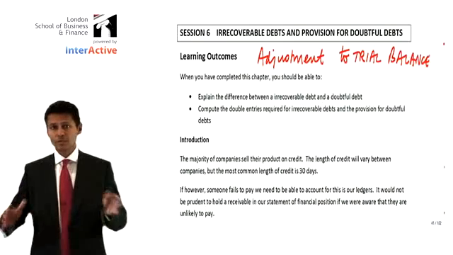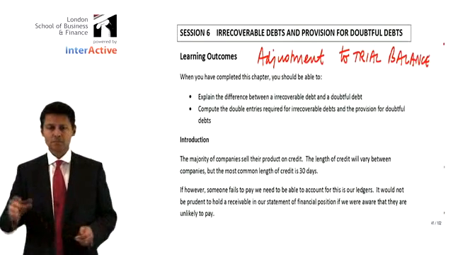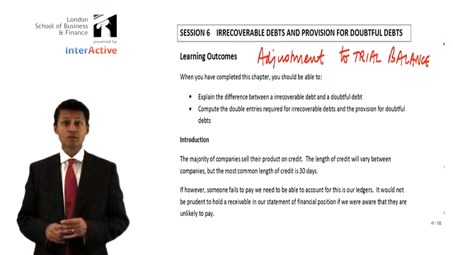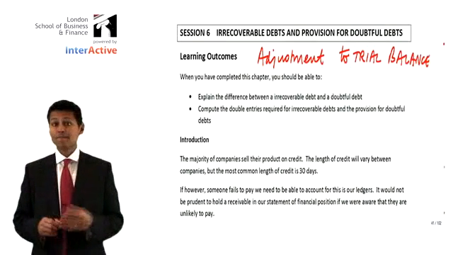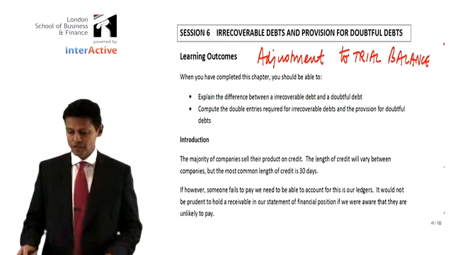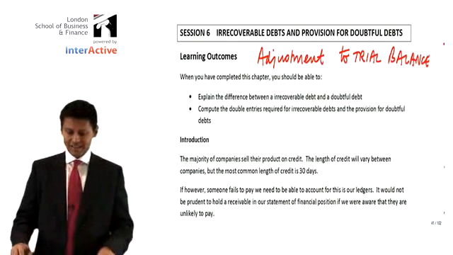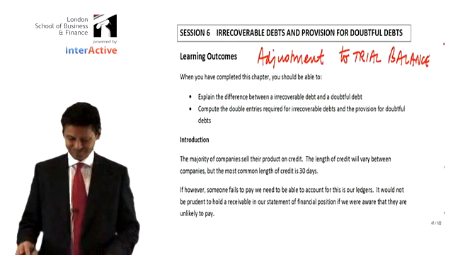So the difference between the 2 year ends goes to the income statement. So it's perfect material to be examined regularly, maybe several times in your exam, for 2 marks each. So it's one of those things that you must expect in the exam. It's very easy, by the way.